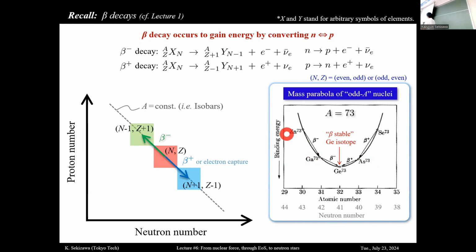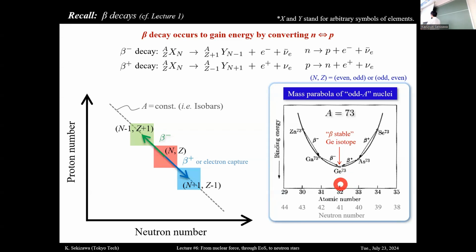The horizontal axis corresponds to the mass number, and if we go down below, the binding energy becomes larger, we have more stable nuclei, and it reaches the minimum of the parabola.